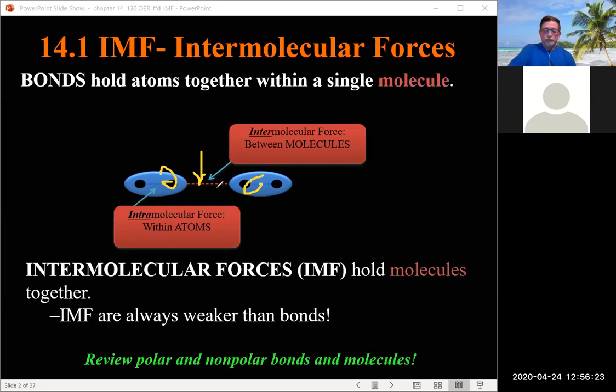That attraction could be very strong or it could be weak. But the important thing is to review polar and nonpolar bonds in the molecules, because to recognize the type of forces, and there's only four forces, before we can recognize which force is involved with that molecule, you've got to refresh your memory about compounds that are either polar or nonpolar.